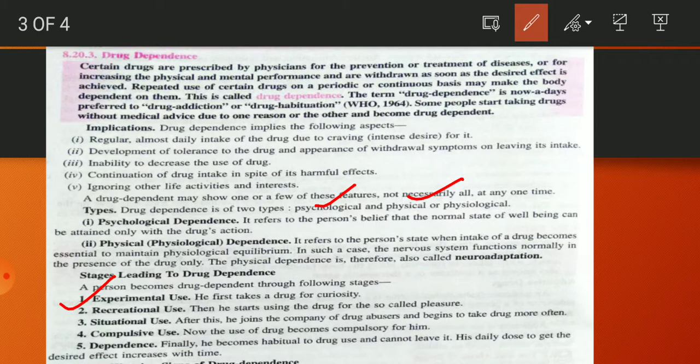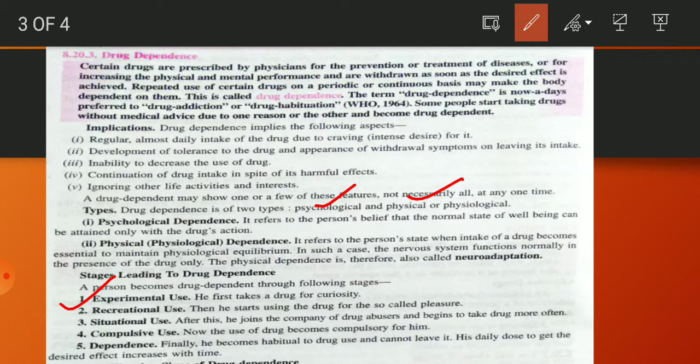After experimental use comes recreational use. It means he starts using the drug for so-called pleasure. First he takes it for curiosity, then for pleasure. Third is situational use.